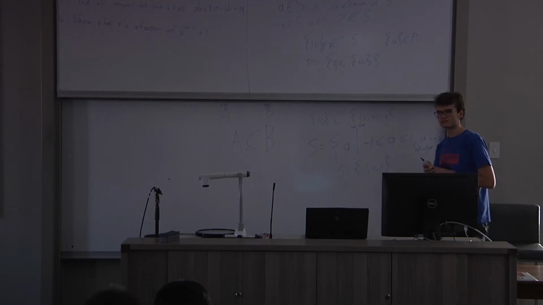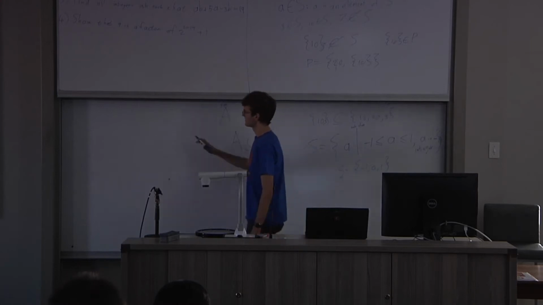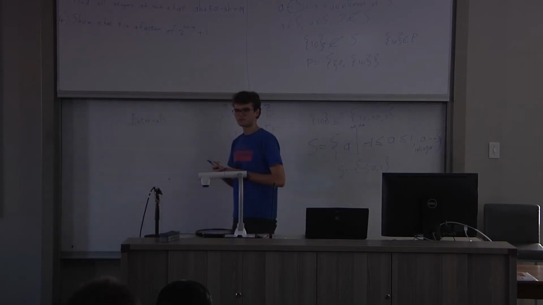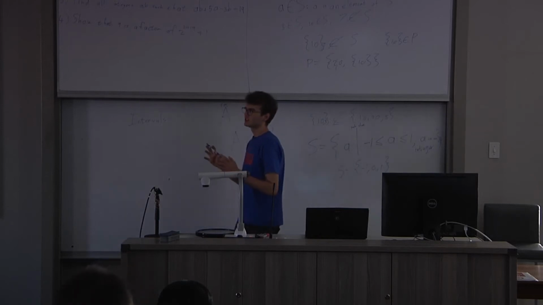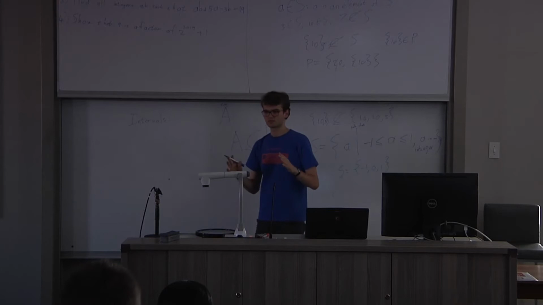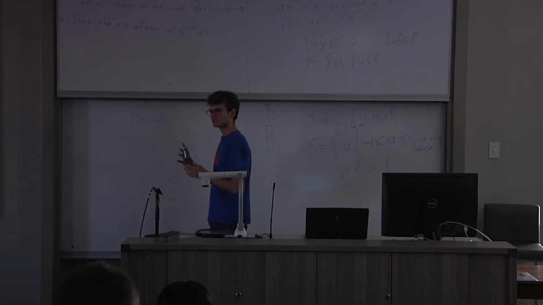Okay. Cool. So let's consider intervals. Okay. So an interval is just all of the numbers between two values, every real number between two given values. So there are 4 different types of intervals that you should know.